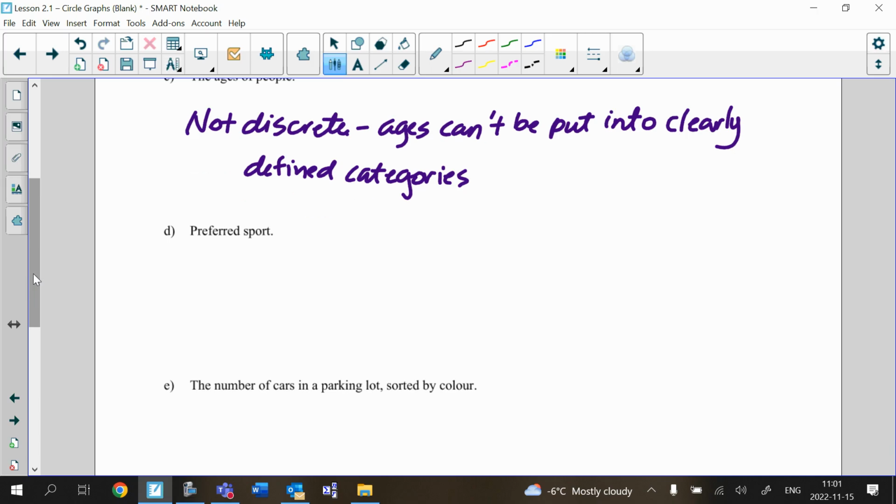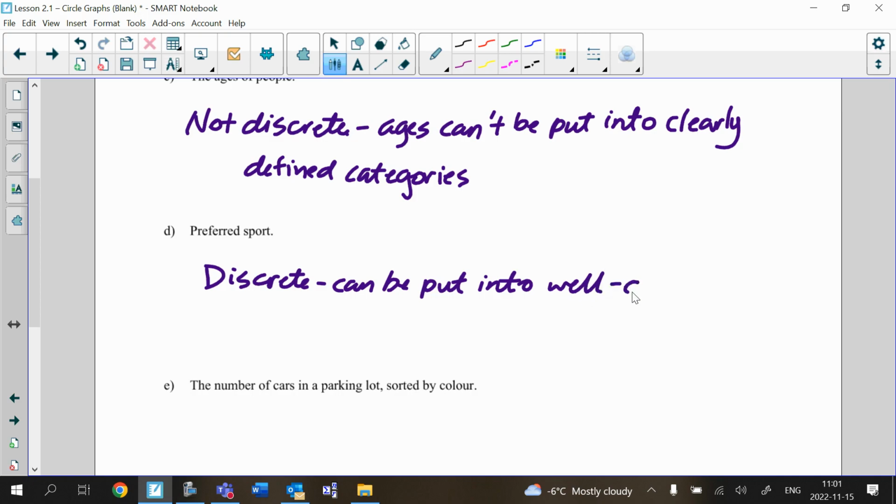It can be put into well-defined categories. Specific sports. Hockey. Soccer. Etc. Yes, there's a lot of sports, but they can be counted.